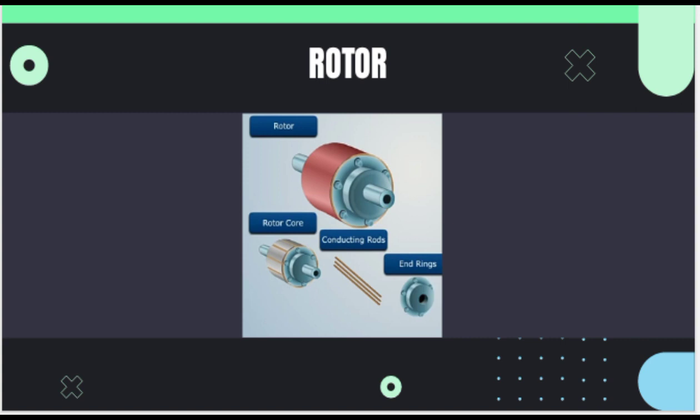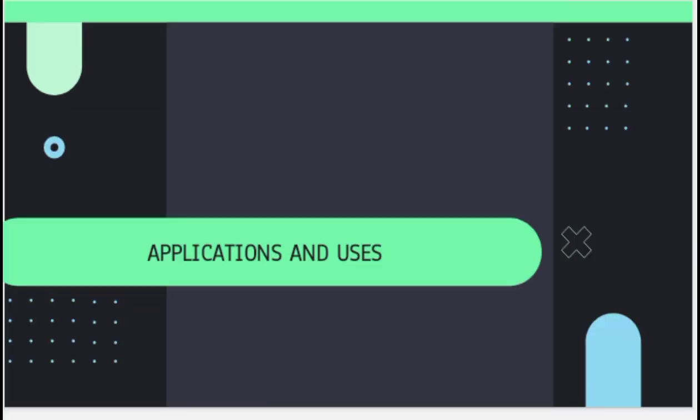Conduction rods are heavy bars made of copper, aluminum, or alloys and are used for the rotor winding. And the end rings are made of copper, aluminum, or alloy rings and are used to short circuit all the winding rods to the core.